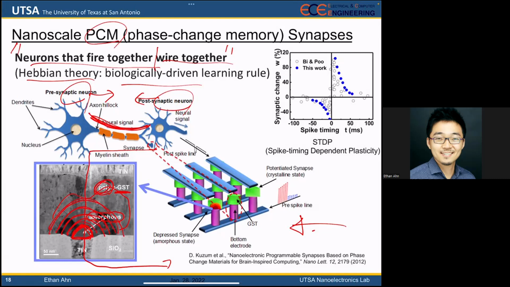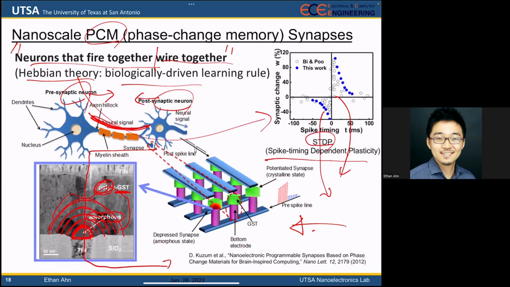Based on this technology, we were actually able to show, again, a Hebbian learning rule to represent something called STDP, spike timing dependent plasticity. I believe this solid data here is real biological data, and this blue one is what we measured using these devices.